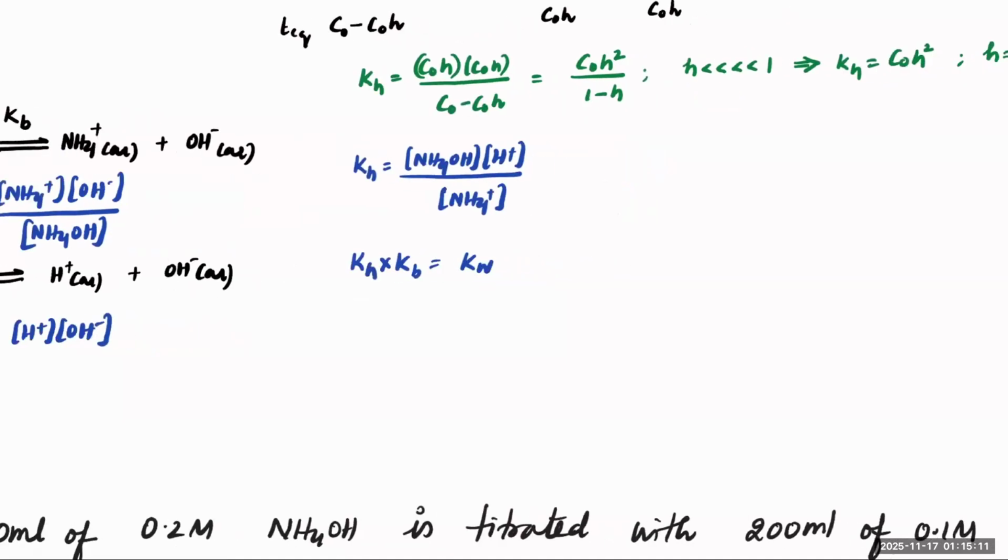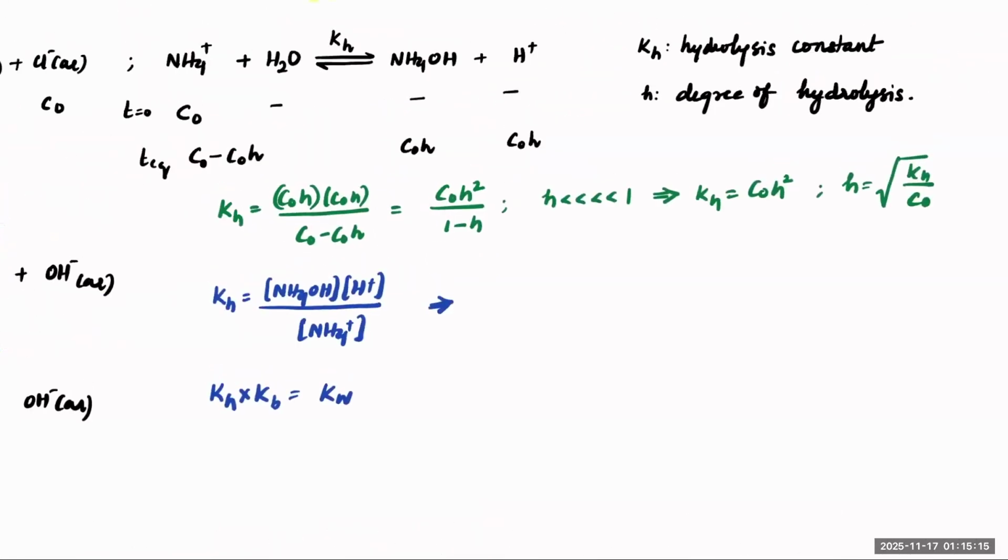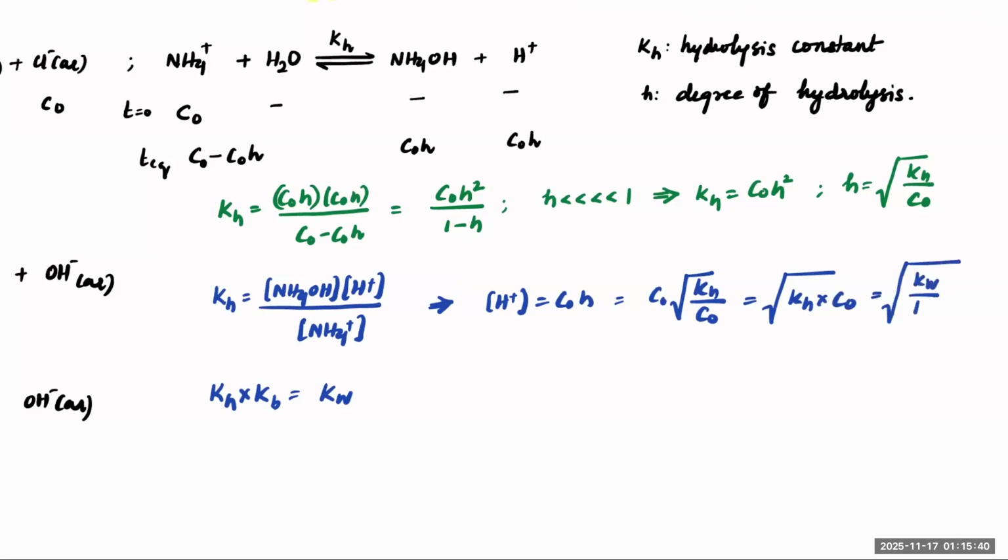Okay. Now coming to the concentration, you know that the H plus concentration at equilibrium is equal to C naught h, which is equal to C naught into under root of Kh by C naught, which is equal to under root of Kh into C naught. And Kh we learned as Kw by Kb.